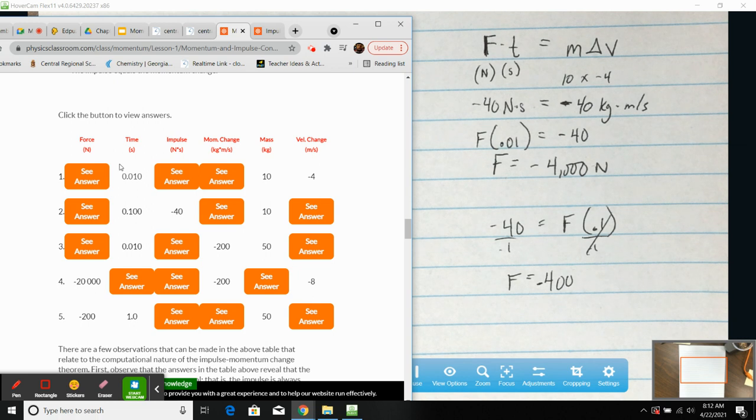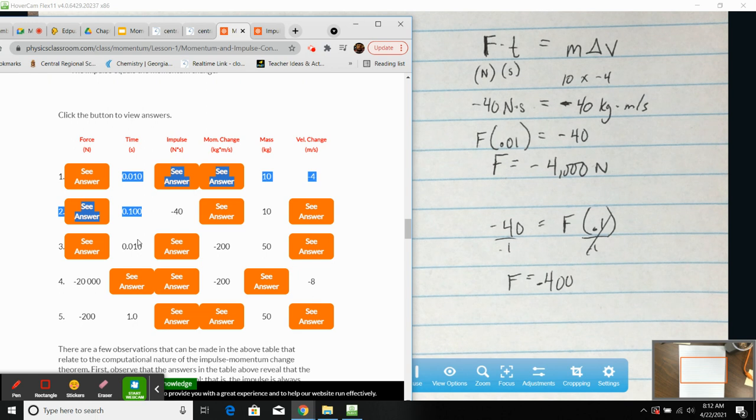What was the deciding factor there? The change in time. If you can stop something faster, it's going to require more force. Now it requires less force and just more time to get the same change in momentum.